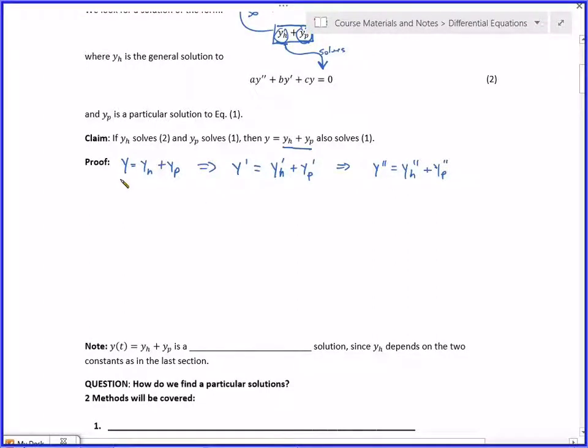Now I take this, and I'm going to stick them into equation 1. So what I'm left with is A times YH double prime plus YP double prime, plus B times YH prime plus YP prime, plus C times YH plus YP.